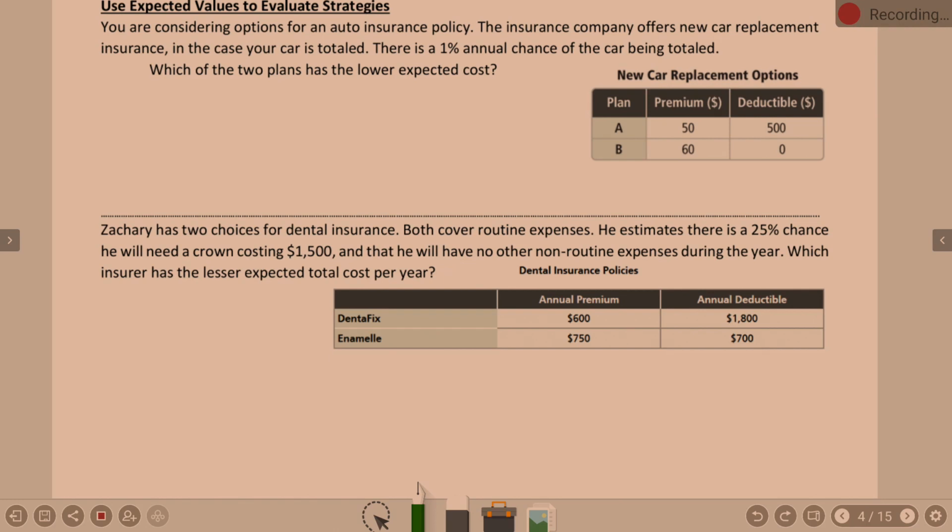Okay. So we have an A and a B again, yes? And ultimately, we're looking for lower expected cost.